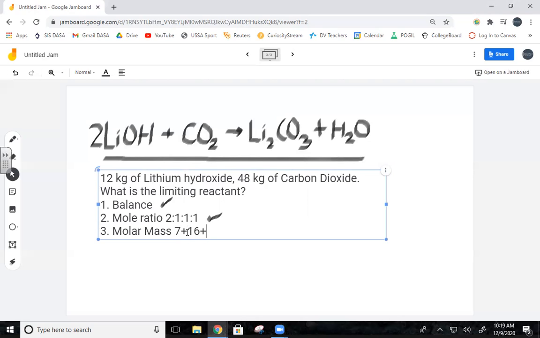What's hydrogen? 1. This equals 24. Well, remember, hydrogen is just one proton, and each proton has a mass of 1 AMU. Okay. So 24 is lithium hydroxide.